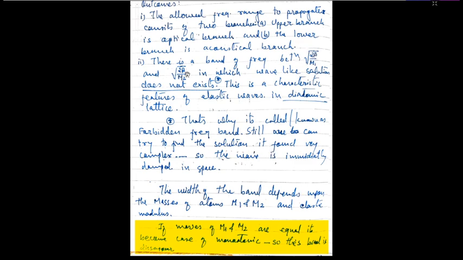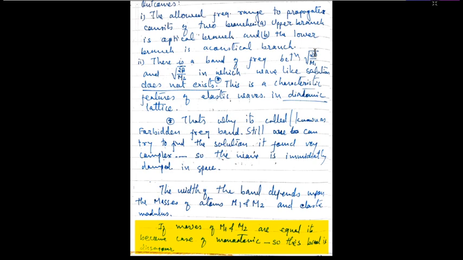Naturally the width of this forbidden gap, because the forbidden gap lies in between these two square roots, one can easily say that the forbidden gap strongly depends on the masses of each atom, that is, two different atoms, the mass of each atom, as well as the spring constant or the force constant, and that will determine the gap of the elastic forbidden band in case of a lattice vibration.